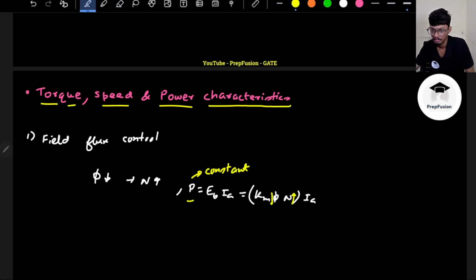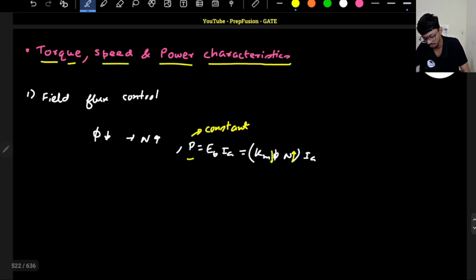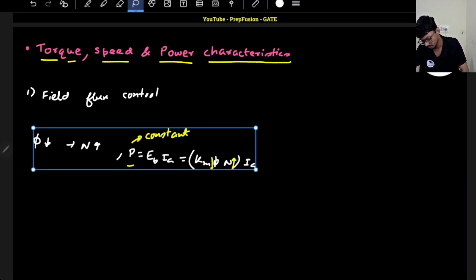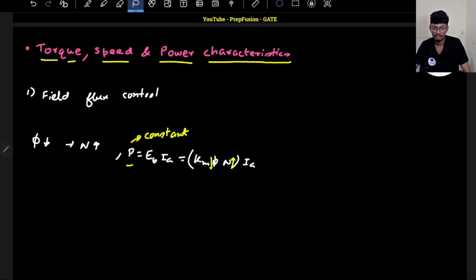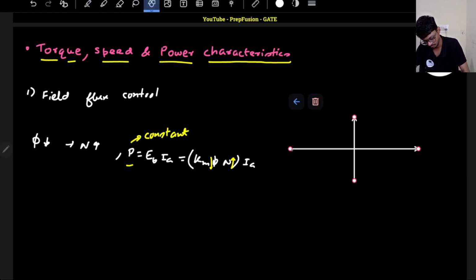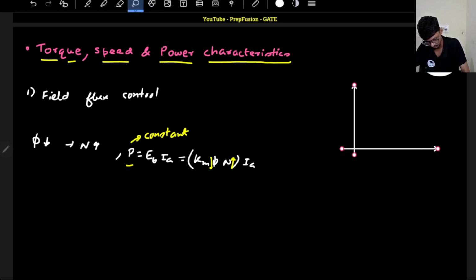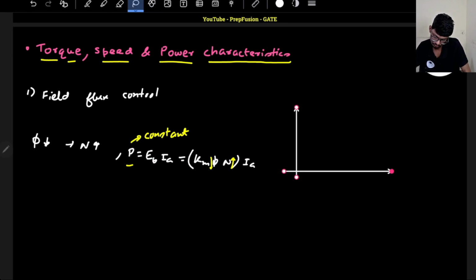So for field flux control, the power is actually constant. So if I draw the power speed graph, the power will be constant.